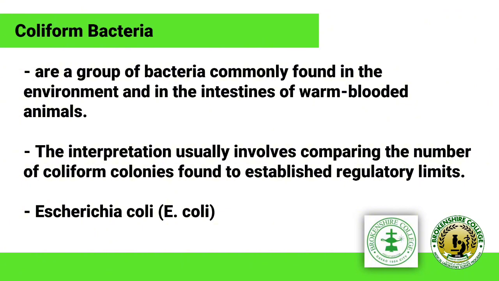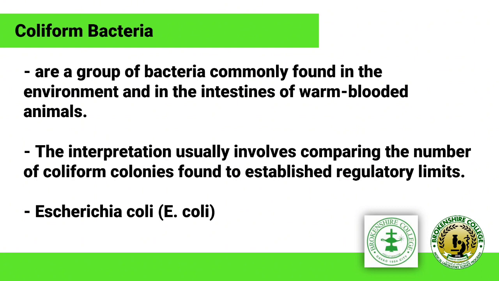Just like they said before, sir, one colony forming unit is equivalent to one unit per 100 milliliters of water. And Escherichia coli, or E. coli, is a specific type of coliform bacteria that is found in the intestines of humans and animals.